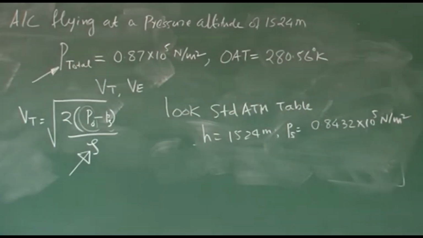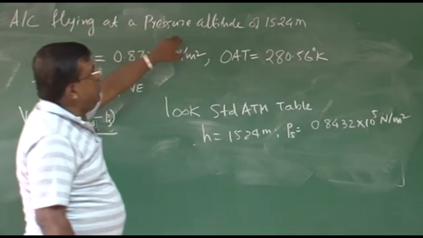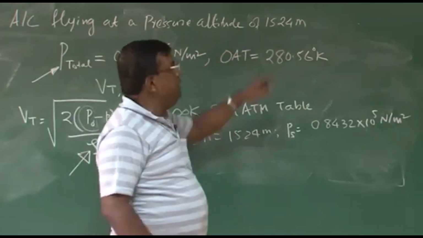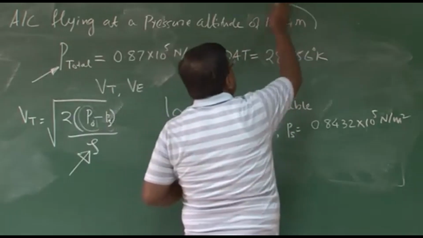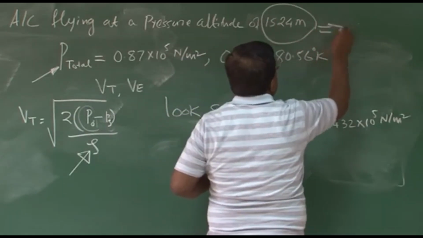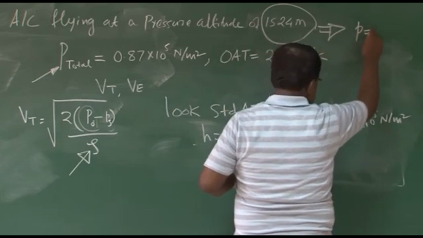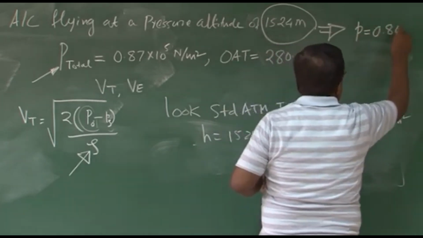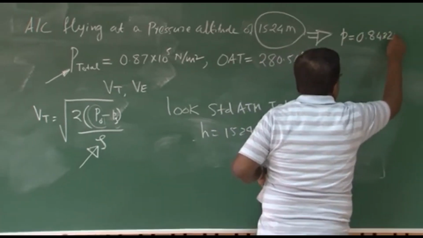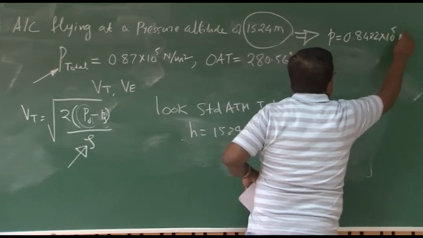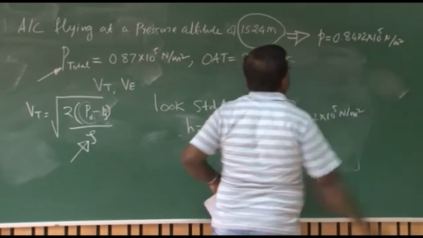So is it clear what we have done? The aircraft was flying at a pressure altitude of 1524 meter, and once I know this, I check the standard atmospheric table and I find that the P was 0.8432 into 10 to the power 5 Newton per meter square.